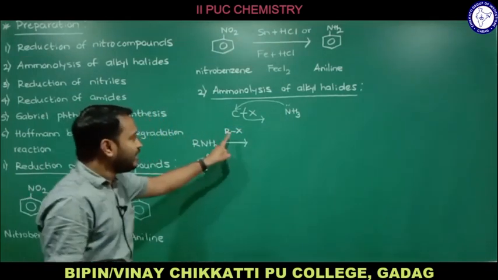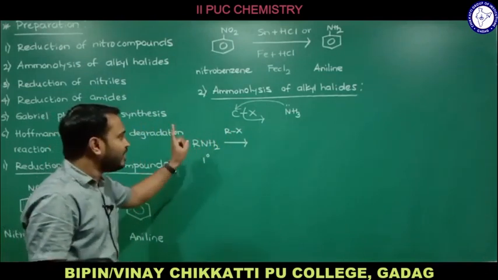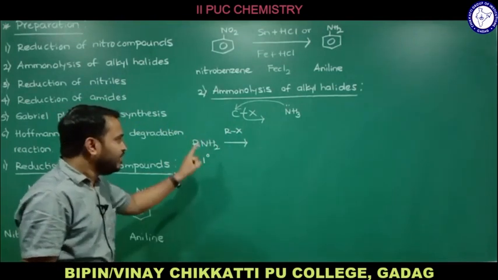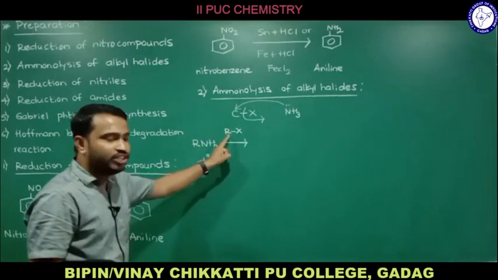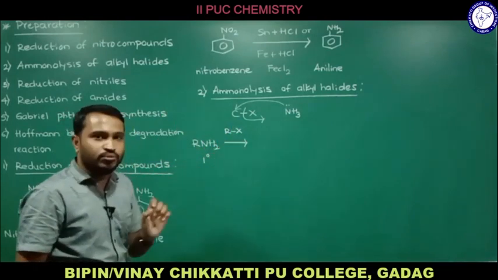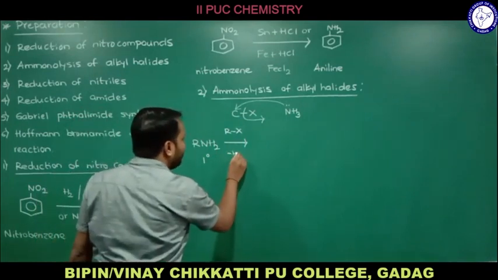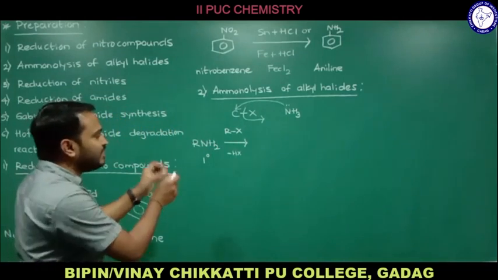So we have an alkyl halide and we have an amine. When there is a reaction between the alkyl halide and the amine, of course ammonolysis takes place. As I told you, here we have a lone pair of electrons that will attack the electron deficient alkyl group. X will be the good leaving group. Or for easy reference, I can say there will be minus HX. HX is going to be removed. This is how we can remember.